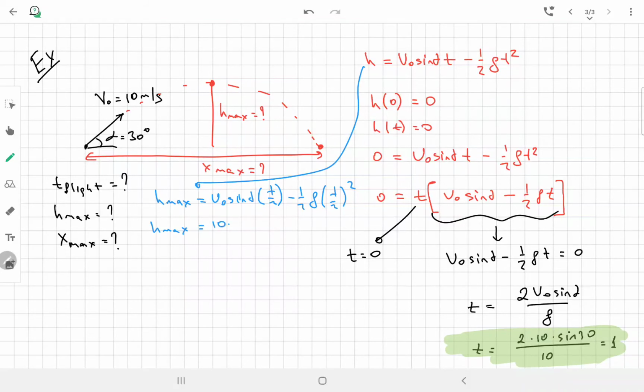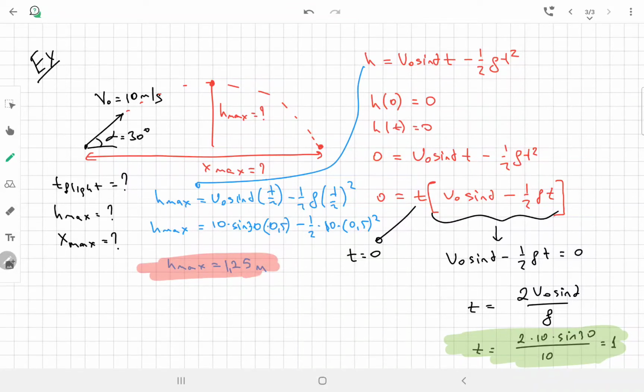So 10 times sine 30 times 0.5 minus 1 over 2, gravity 10, and 0.5 square. From here, answer will be equal to, so height will be 1.25 meters. This is one of the ways. So basically we used equation number 3.